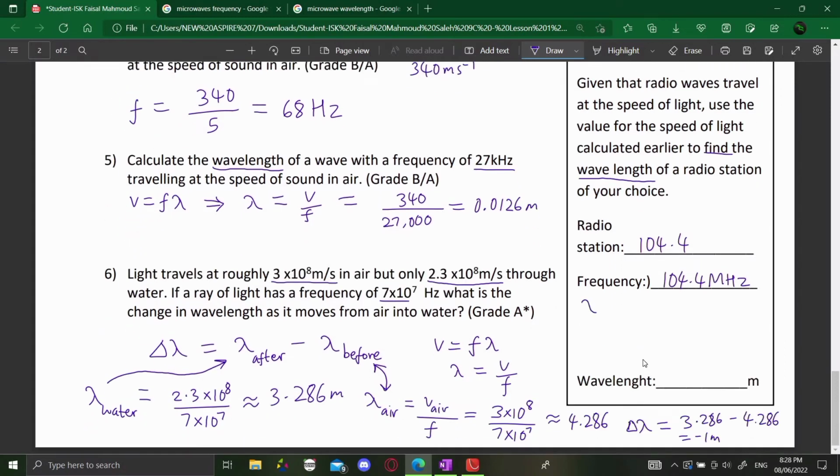So the wavelength is its velocity over the frequency.